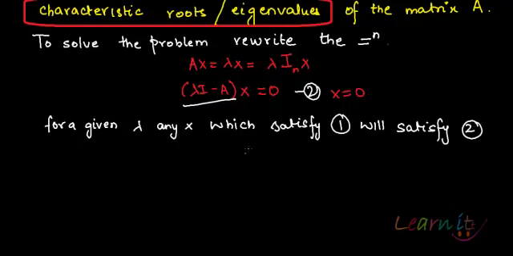That's pretty obvious because we've just rewritten the equation. And this gives us a set of homogeneous equations, wherein the equations equal 0.